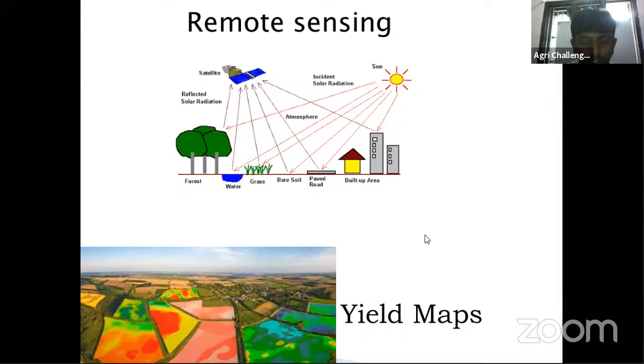The GIS system analyzes it and gives some spectral signature, and every object has a particular signature based on its reflectivity.